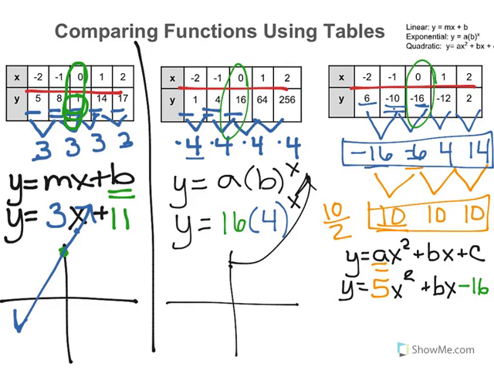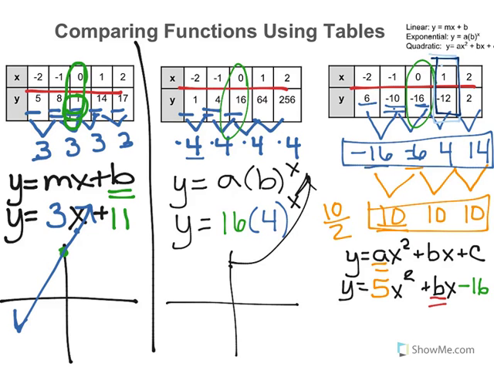And since I have a table of values, I can use any ordered pair, an x and a y value, to figure out what that unknown value is, which here is b. So I think I'll just use an easy one, when x is 1 right here and y is -12.